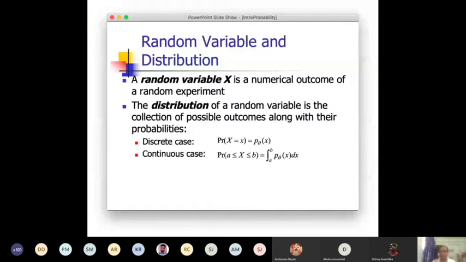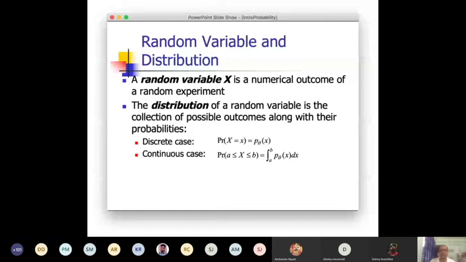If you consider a small interval around x and integrate, you will find the actual probability of x being within that interval. Any interval you consider, if you take the corresponding integration of the density function, you will get the actual probability. So you have the probability density function, and the other one is called the probability mass function.